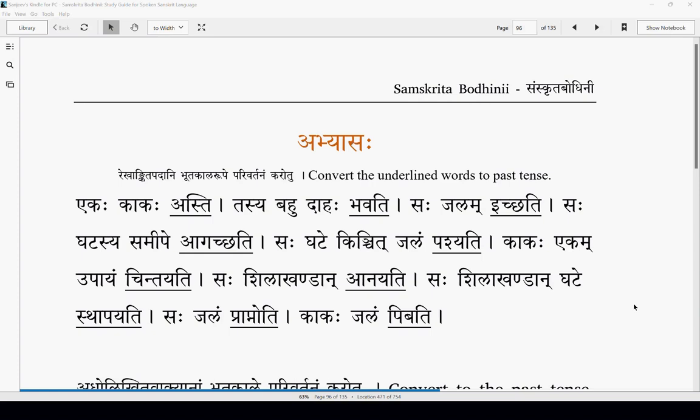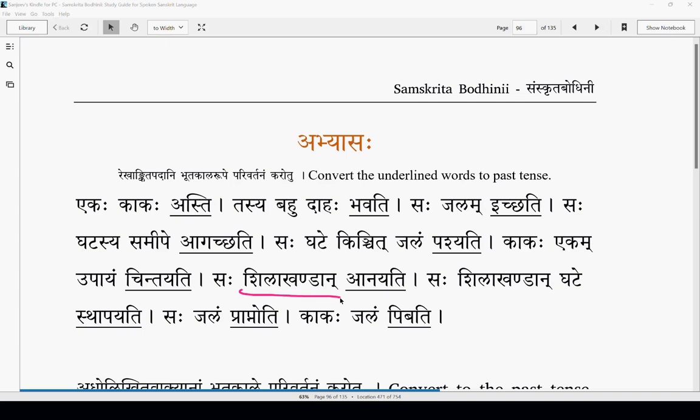How do we know? This is referring to dvitiya, right? By looking at this khandan, it is clear. It is khandan because it's pullinga, like Raman, dvitiya bahuvachanam.